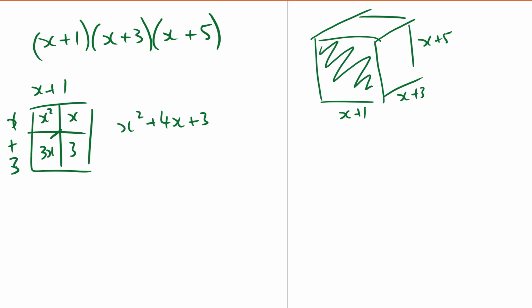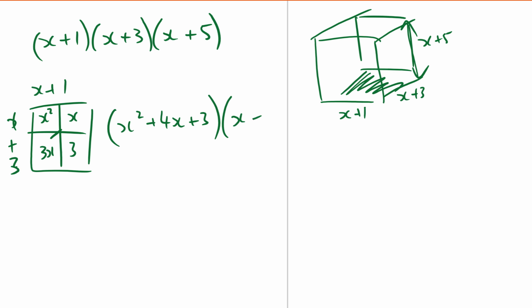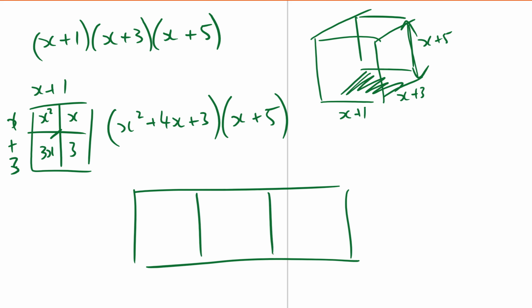And then you times that. Oh, no, I haven't done that, sorry. I've done the area of the bottom face there. And you times it by the height, how far that shape's being stretched. So you can times that by x plus 5. In other words, you're going to have another one of those 3x2 boxes.